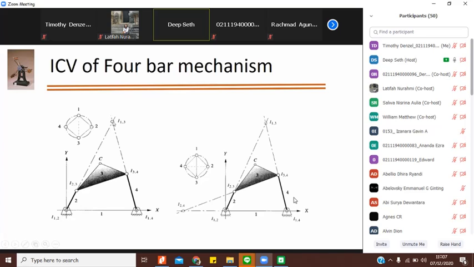So you just have to extend the opposite links, meaning the side links from link 1. So this is your link 2 and link 4. You just have to extend them like this, and you will get one point where they will meet, and that's I13. So this is the instantaneous center or ICV for I13.